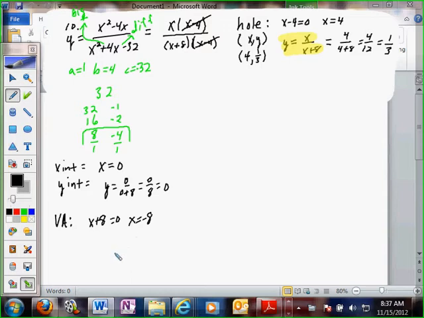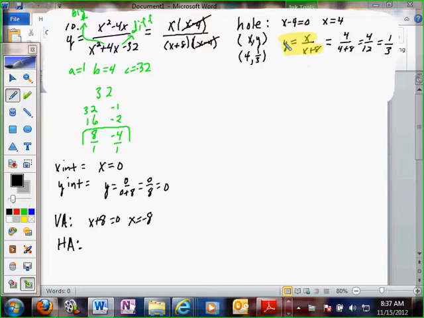And now I want to find my horizontal asymptote. And so what I want to do here is, when we're finding our horizontal asymptote, right now since something canceled, we're just going to go with what's right here.